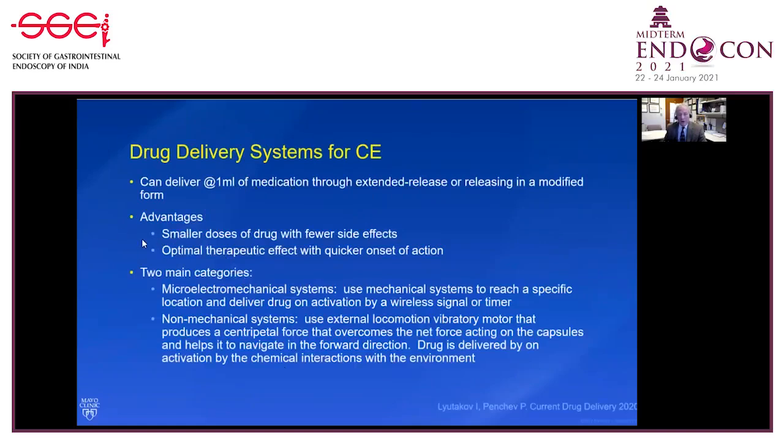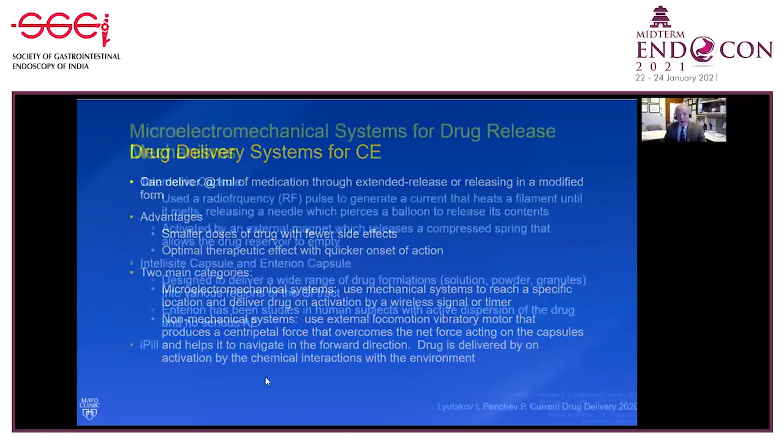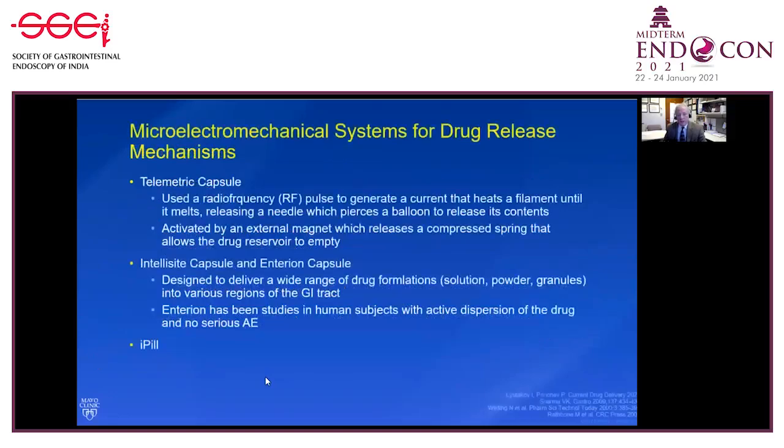And the advantages are smaller doses of drug, as well as optimal therapeutic effect with quicker onset. And there are two main categories. There are those that are looking at microelectromechanical systems and those that are non-mechanical.